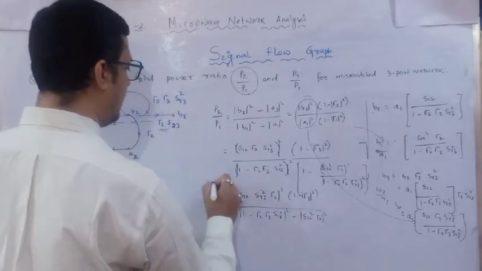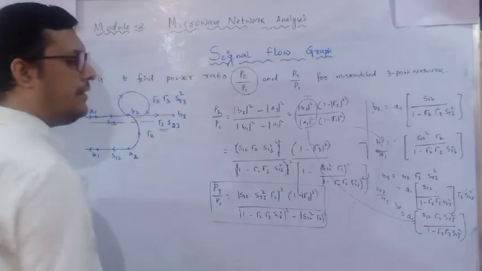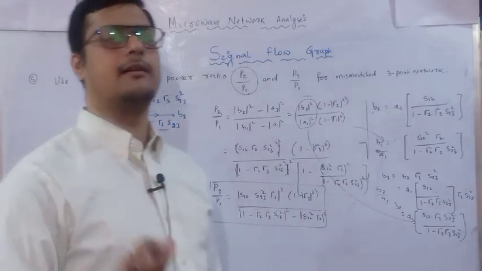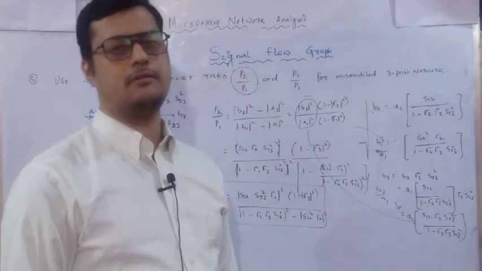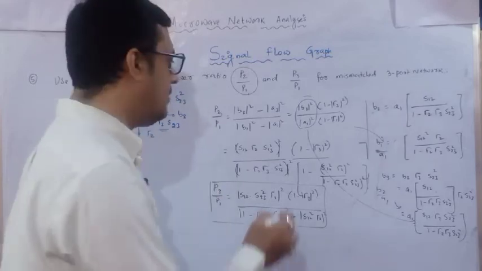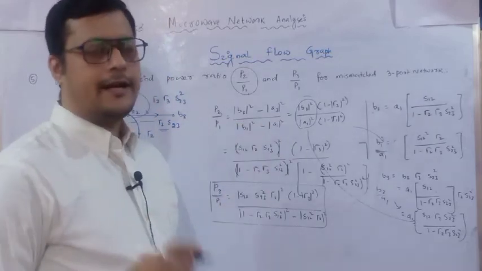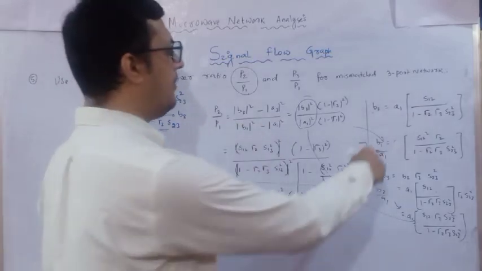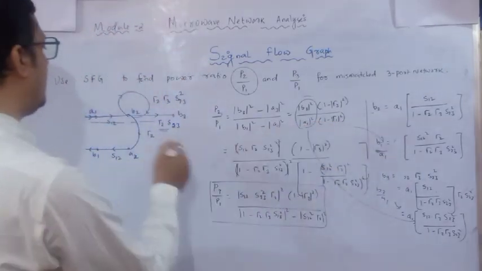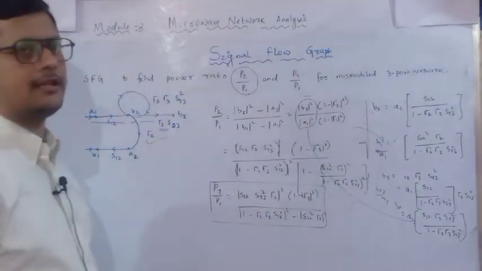So this is the P3 by P1. Only we need to identify the relations and substitute the proper values in those identified values with the help of this relation, and this relation we have identified from this signal flow graph.